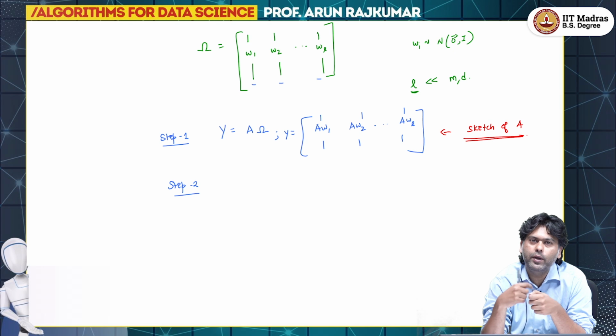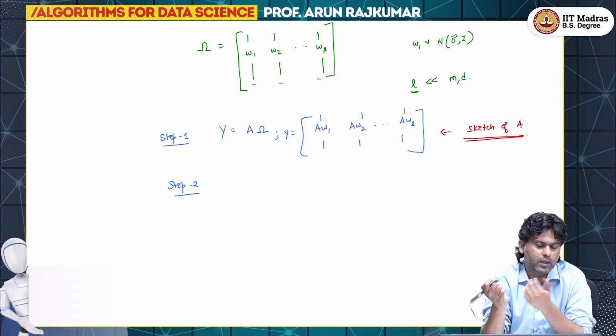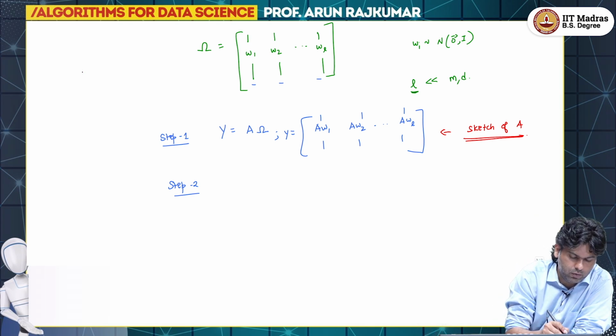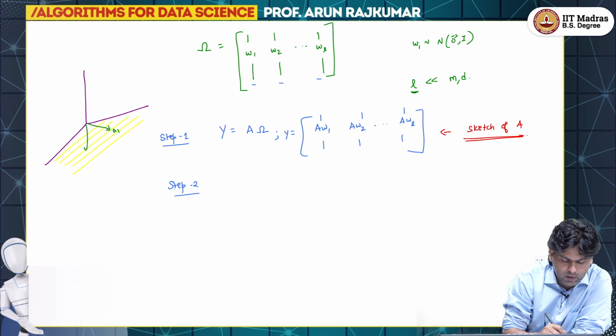Which means that if I take a linear combination of those columns, they cannot go beyond the k dimensional subspace. They are also going to be in the k dimensional subspace. If you want to look at it graphically, think of it this way. Let's say all of A is in this subspace, and this is A1, A2, A3, up to AM, AD.